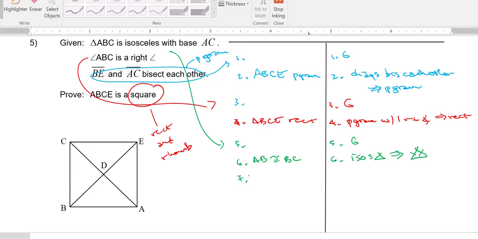And then now I can say that ABCE is a rhombus. And the reason why is a parallelogram with two consecutive sides congruent is a rhombus.